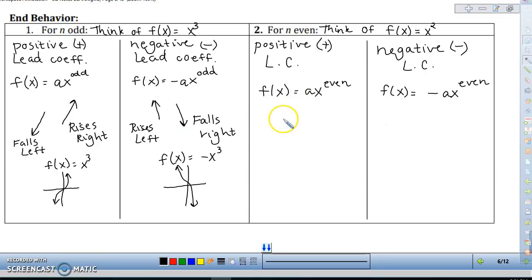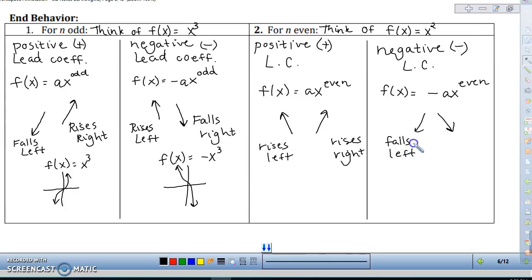For a positive lead coefficient, my end behavior rises left, rises right. And for a negative lead coefficient, we're just going to flip that. Now we fall left and fall right.